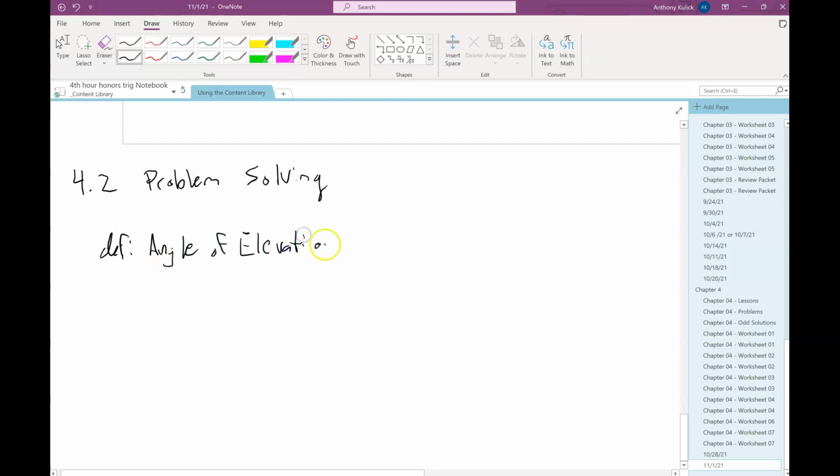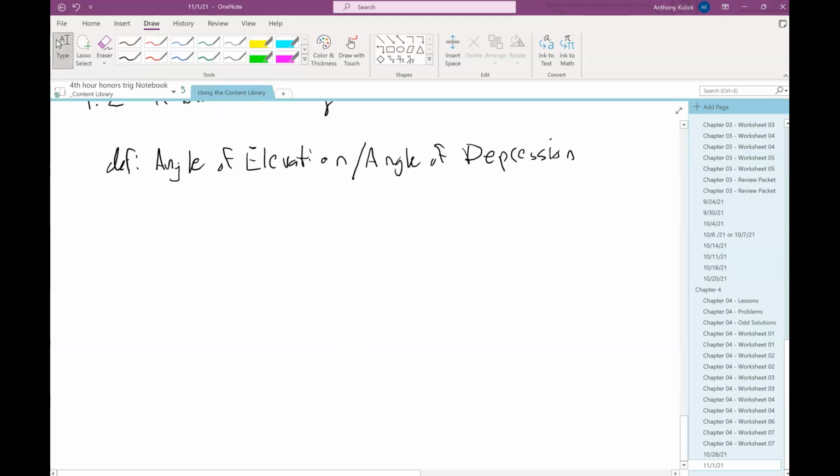Those 2 terms are angle of elevation and angle of depression. I'm going to define these with a picture because that's really how we're going to be using this sort of thing.